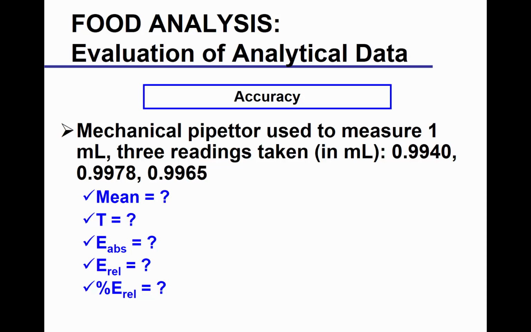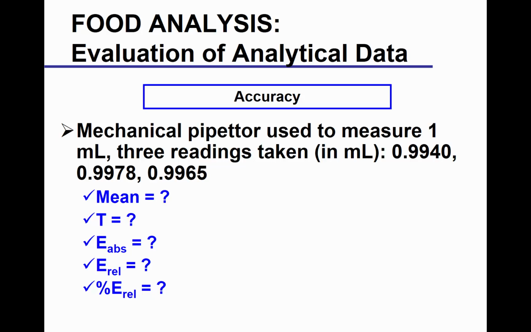The mechanical pipette can come with different volumes that you can either adjust or just set to the maximum. For example, a 1 ml mechanical pipette would be at its maximum. Let's say you want to measure 1 ml volume. And then after getting the weight and the density, you got these 3 different volumes. So what is your true mean in this case?